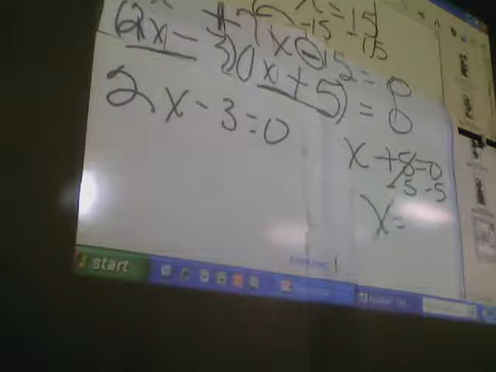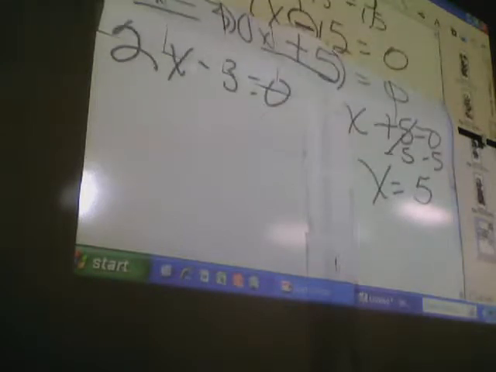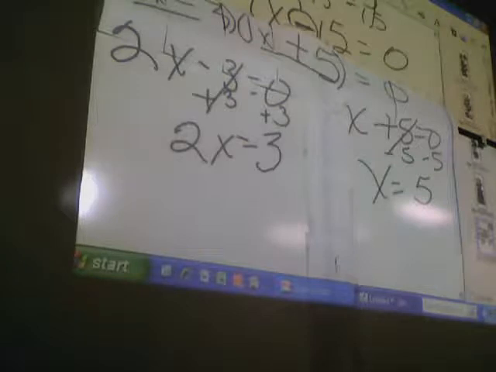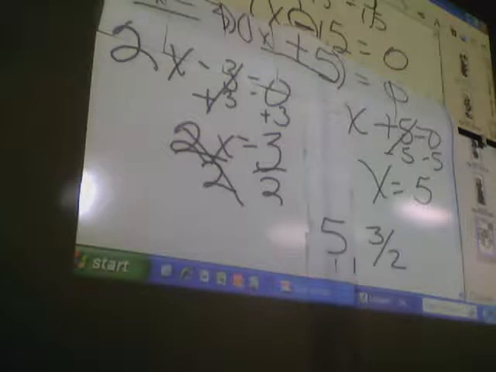So x could be 5, or 2x minus 3, what do we do first? Plus 3. Add 3 to both sides. So you have 2x equals 3. Now, divide by 2. 3 halves. So we have a 5 and we have a 3 halves. Isn't that a negative 5? Yep, it's a negative 5. Thank you.